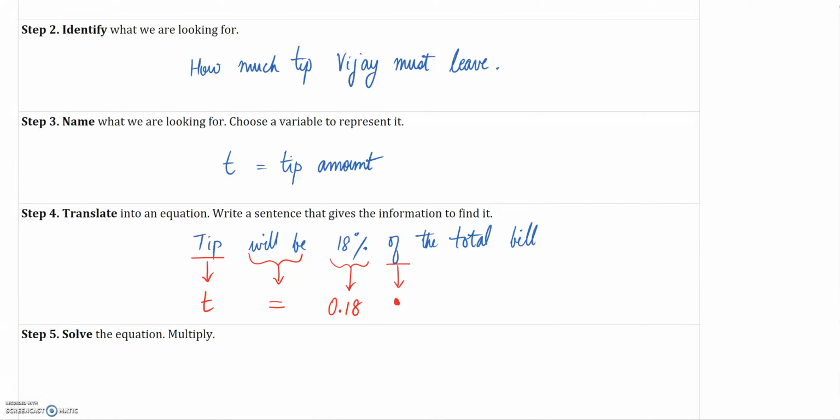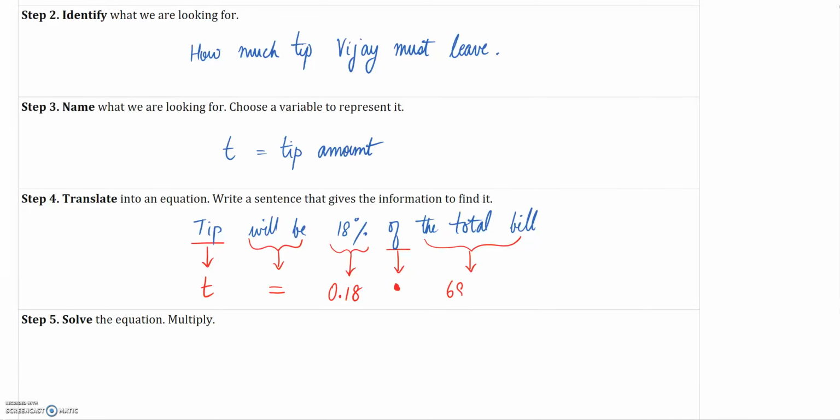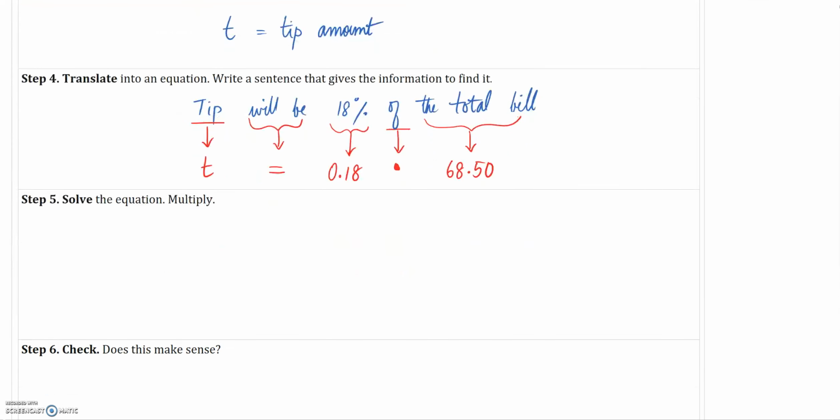Of is multiplication. The total bill, if you go back to the problem, is $68.50. All right, now we move to step 5 because it's now turned into a math problem. So we just say T equals 0.18 times 68.50.